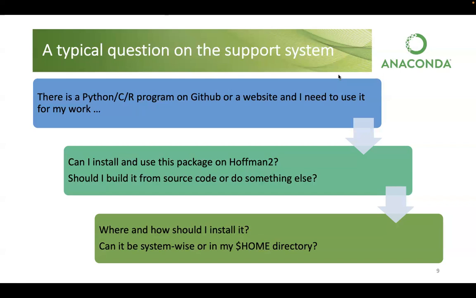Hopman2 is a shared cluster, but it offers relatively large home space for each user. Every user has about 20 gigabytes of space. So usually if the package is widely used by many other users, we can install it on the system. Otherwise, we suggest the user install the package in their home directory.